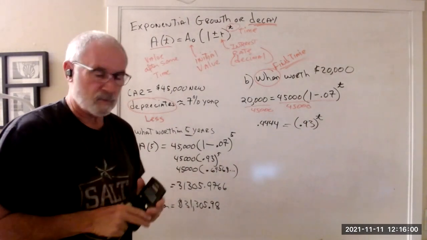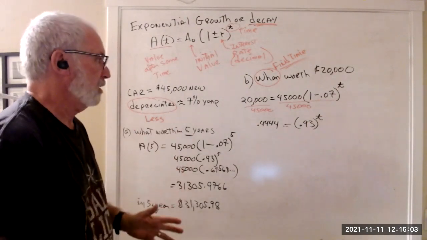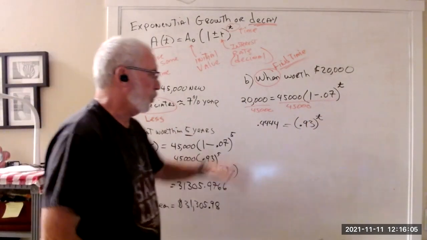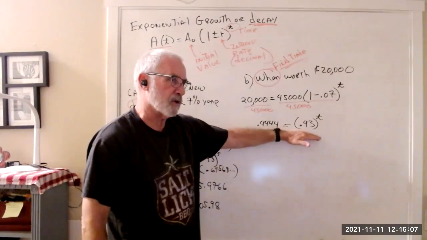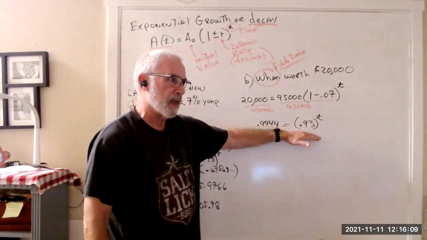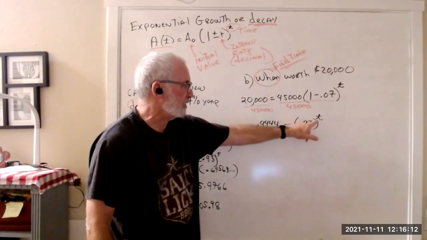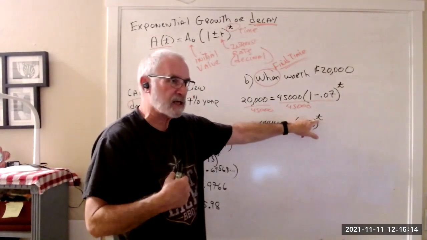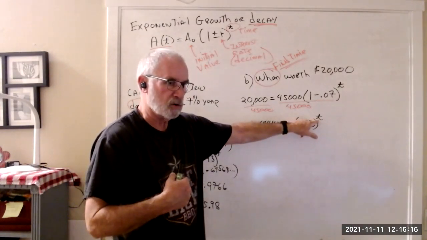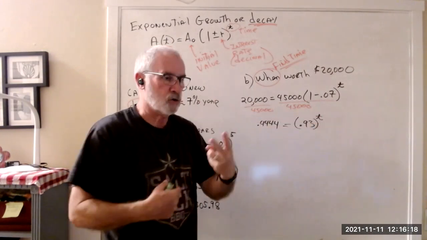Okay. Once again, we just saw this in chapter 10.5. How do I get the t out of the exponent position? How do I do that? Two ways.